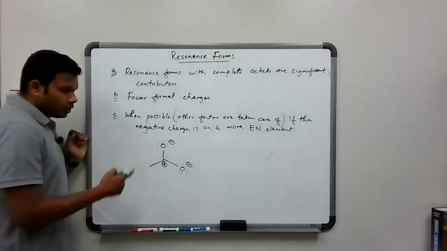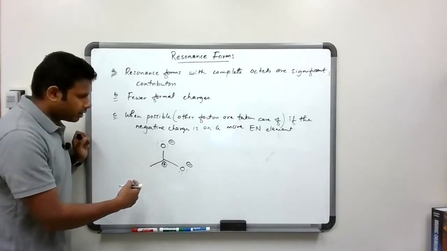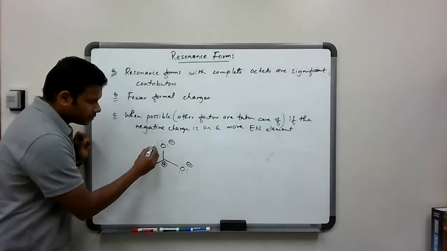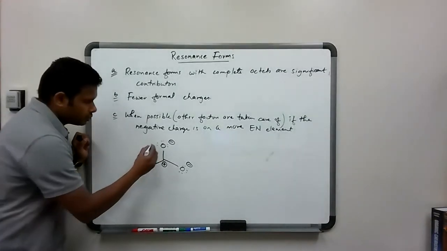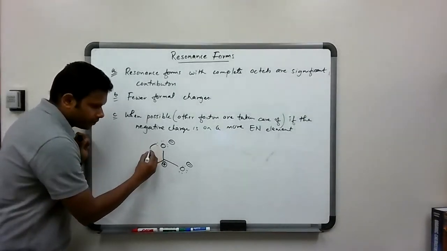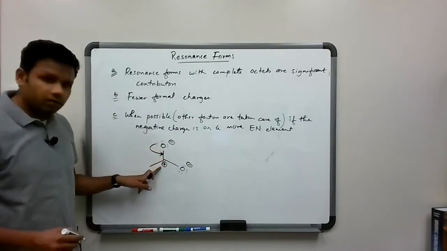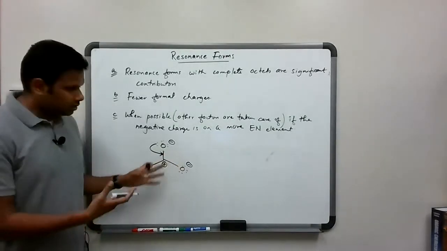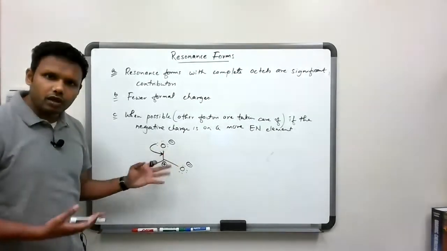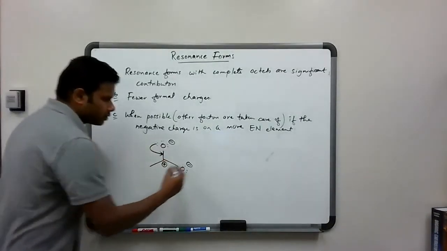In that case, we take the lone pair and drop it to the space between that oxygen and the carbon with the positive charge. We could have used this other lone pair as well, because both oxygens are equivalent here.